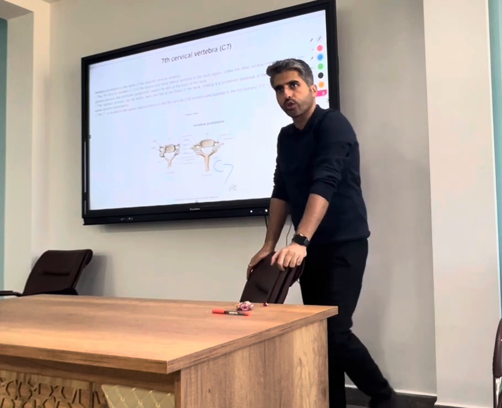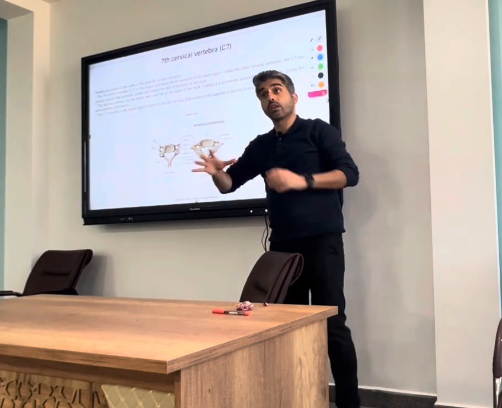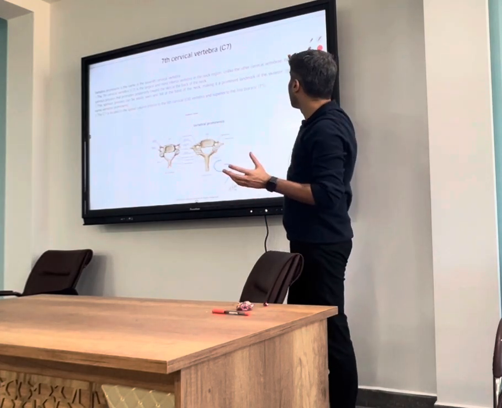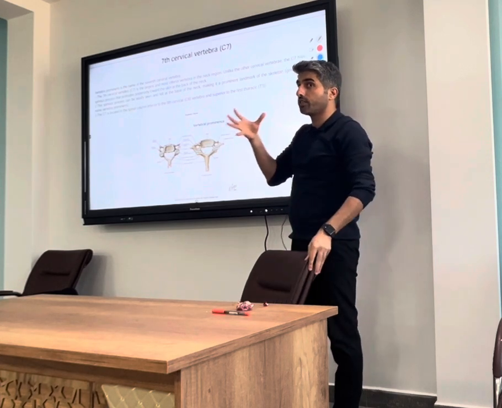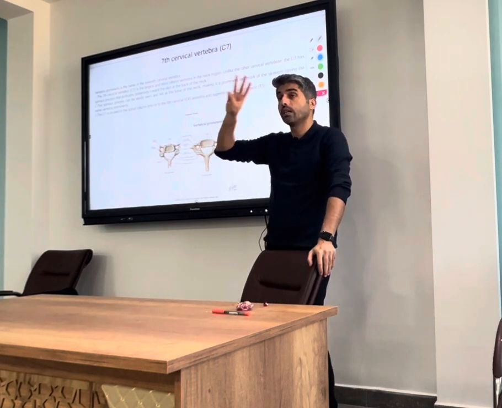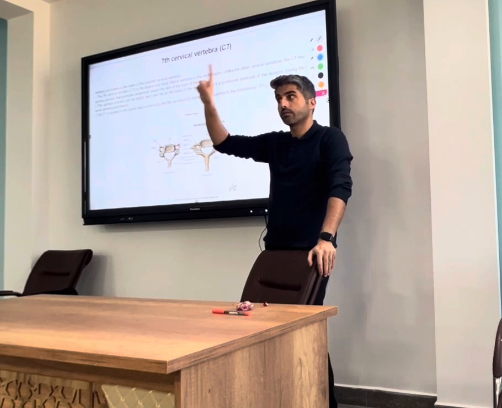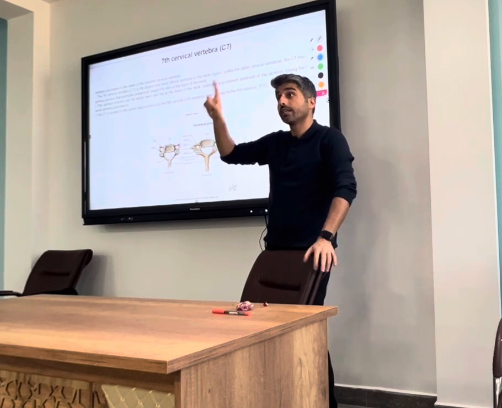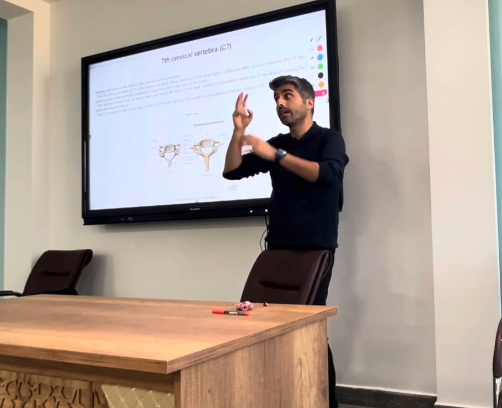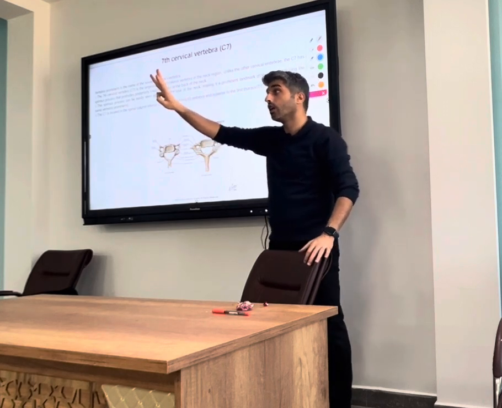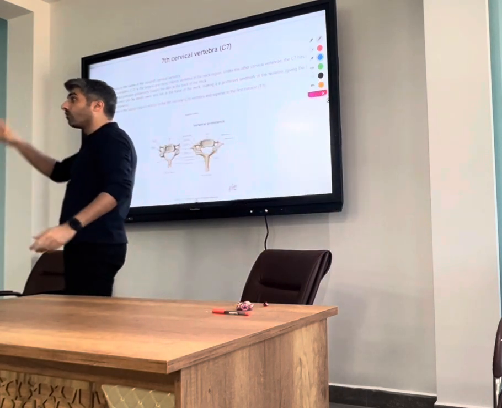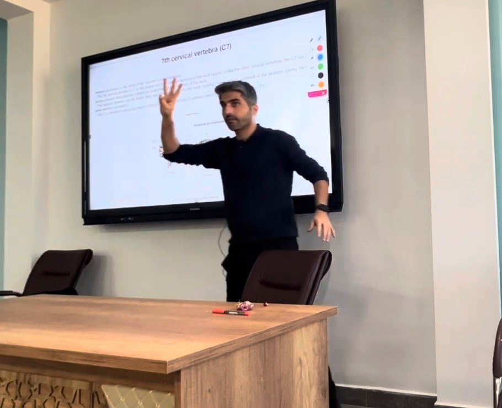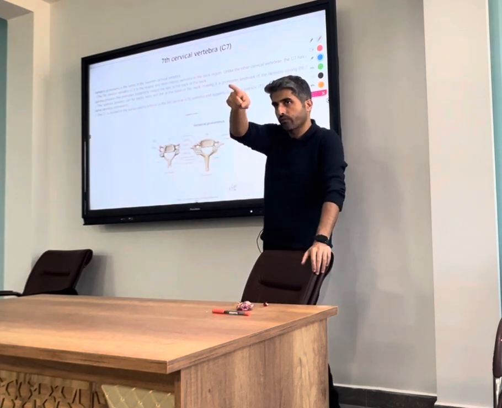What is the most important point you should know about all of these bones here? The shape of these bones. They had three features. In the cervical region, 7 bones, they have three specific points you can use to distinguish from the thoracic and lumbar regions. What were these three points? Two transverse foramen. Very good.